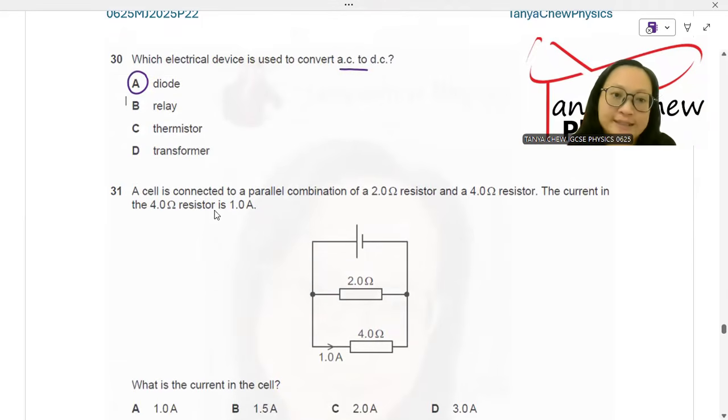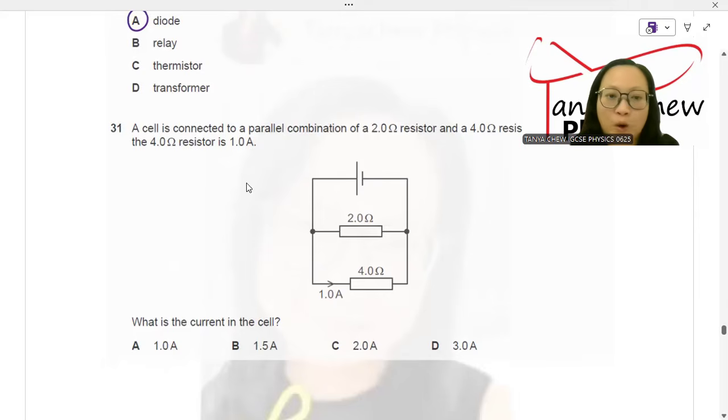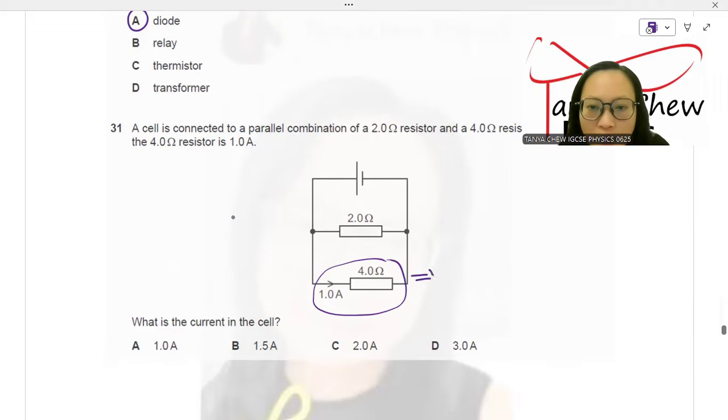Number 31, a cell is connected to a parallel combination of a 2 ohm and a 4 ohm resistor. The current in the 4 ohm resistor is 1 ampere. What is the current in the cell? Now I need to find the potential difference across these first. I use Ohm's law, V is equal to IR. I is 1, R is 4, so I have 4 volts.